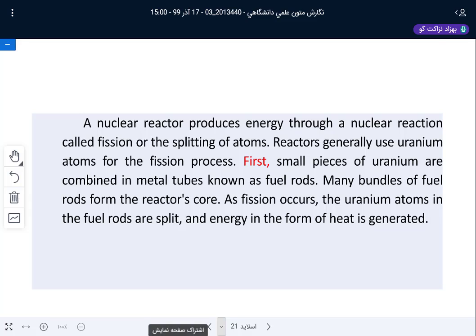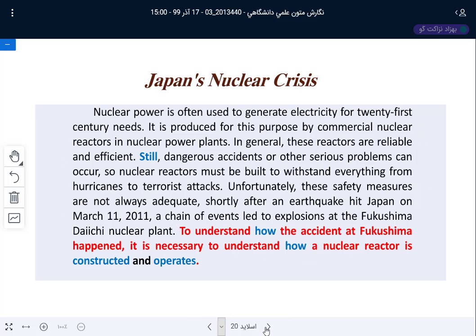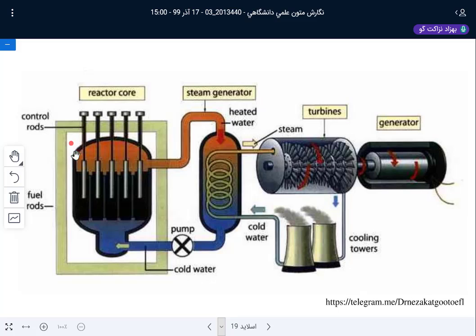If you just look at this diagram, you will see the fuel rods are here. Okay? Then we have the reactor core, the steam generator. I do apologize, I have a call. Let me just mute this one.